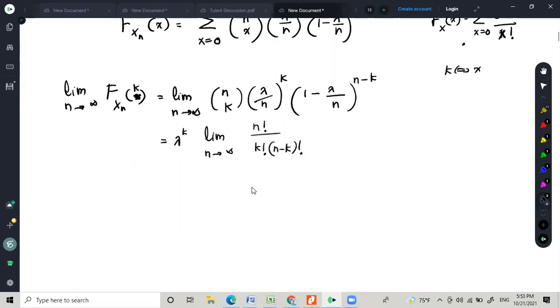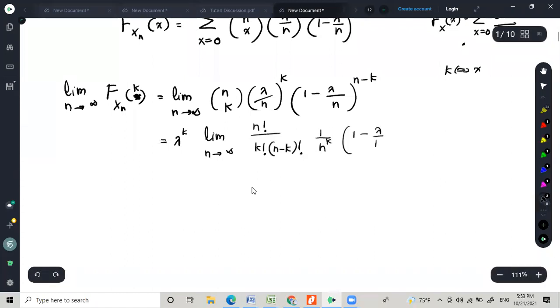So we already took lambda to the k out, so we have only 1 over n. I'm going to write it to the power k like this; it's not going to change anything. And the rest, 1 minus lambda over n to the power n minus k, is there as it is. Now, if you look at this, the factorial term, again, k is independent of n. You can take this k factorial also outside.